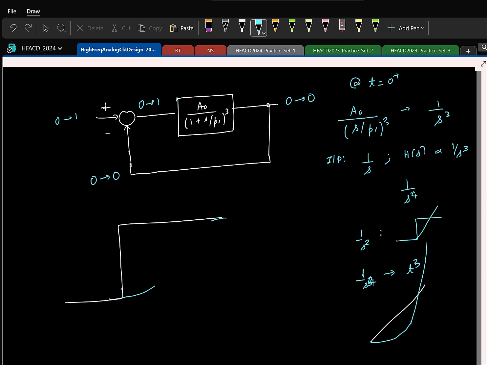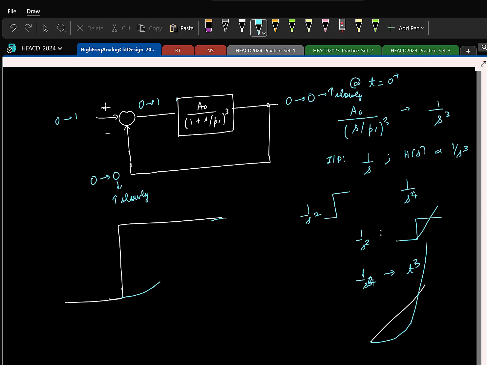So this will also increase, but increases slowly because of the larger number of poles. Again, it is the same thing: if it was just 1 by s behavior, it rises instantly. For 1 by s square, it goes as a ramp. That's what happened with the first order system. Here there is t cube behavior, which means initially it's going to rise slowly.